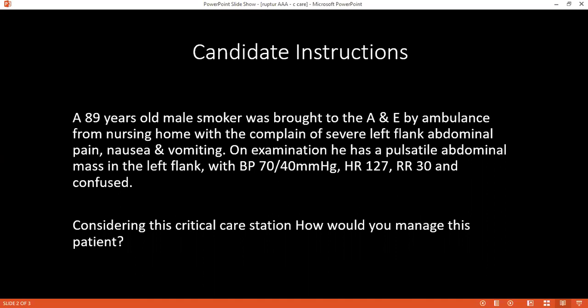Before that, there could be endoleak, because you are putting a graft. In endovascular repair there could be graft rejection, endoleak, ischemia of the spinal cord, ischemia of the limb, ischemia of the bowel, and also the liver, and then there could be delayed rupture.